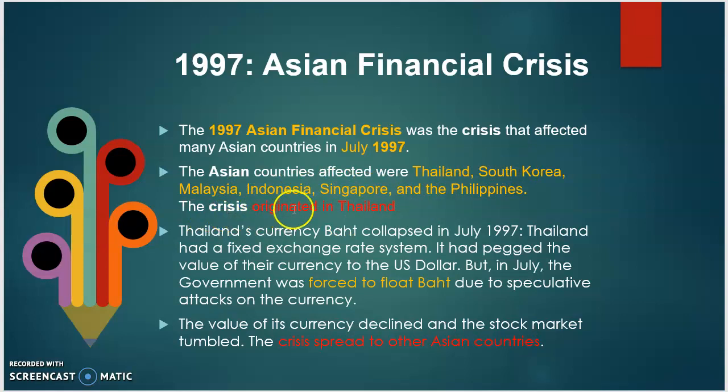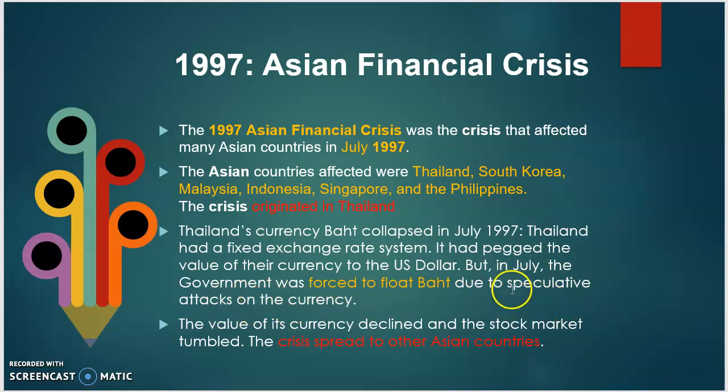The crisis originated in Thailand. Okay, Thailand's currency, the baht, collapsed in July 1997. Thailand had a fixed exchange rate system. It had pegged the value of the currency to the US dollar. But in July, the government was forced to float the baht due to speculative attacks on the currency.